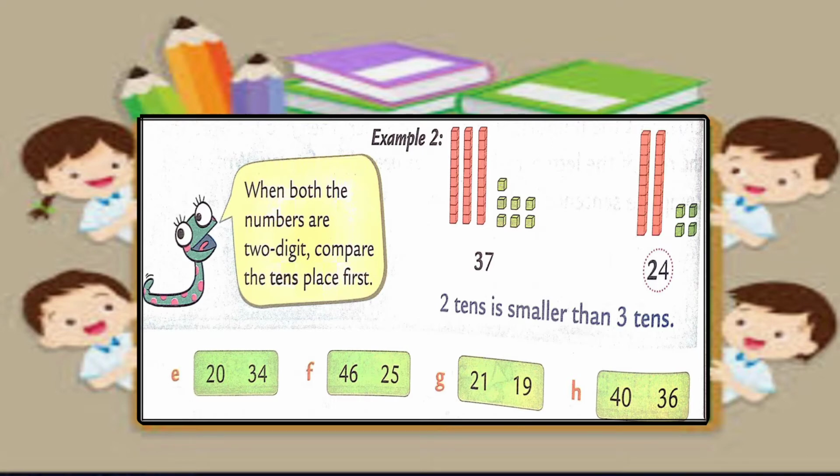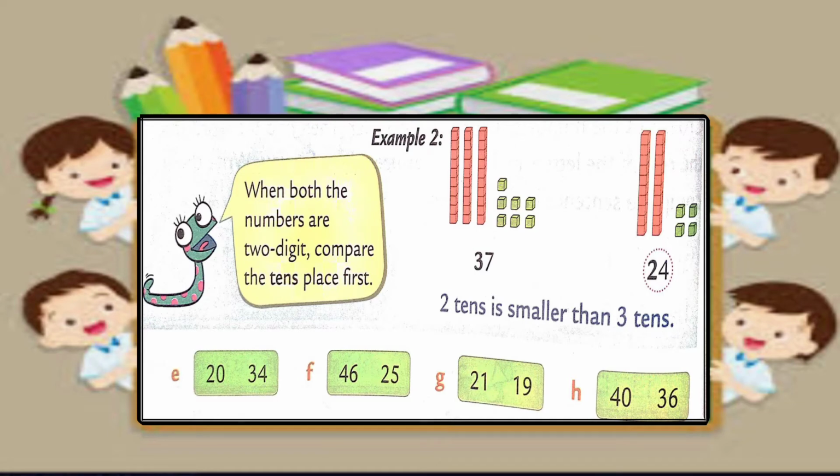If you observe, we have 3 bunches of 10 blocks, meaning 30, and 7 alone, 37. 2 bunches which have 10 blocks in each mean 20, and 4 more, 2, 4, 24. So here we have 2 numbers which have 2 digits each. So how to find out the smaller number?